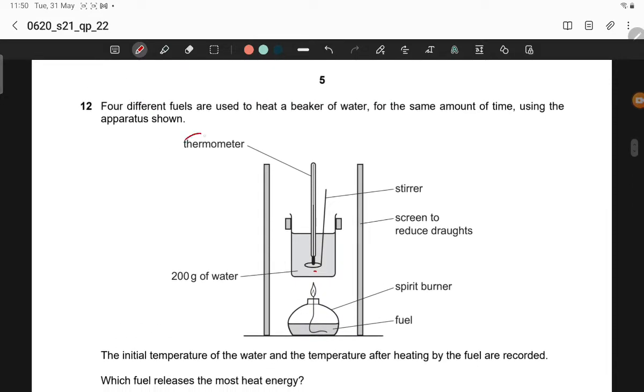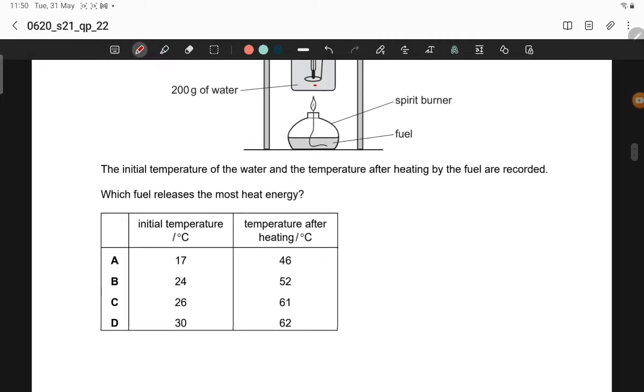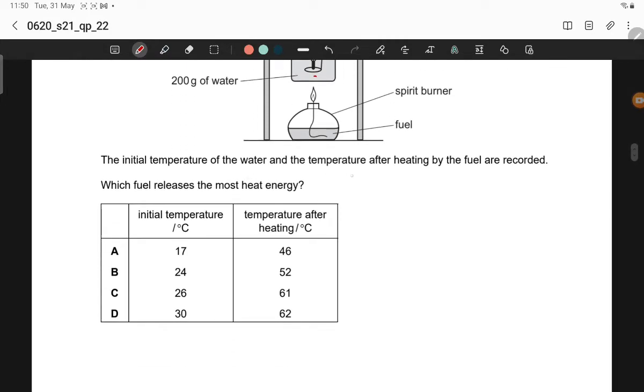Question number 12. Four different fuels are used to heat a beaker of water for the same amount of time using the apparatus shown. The initial temperature of the water and the temperature after heating by the fuel are recorded. Which fuel releases the most heat energy?